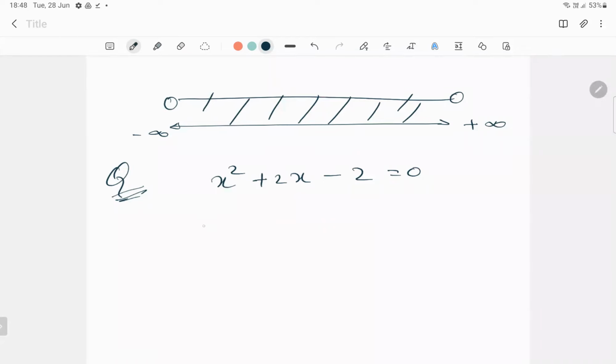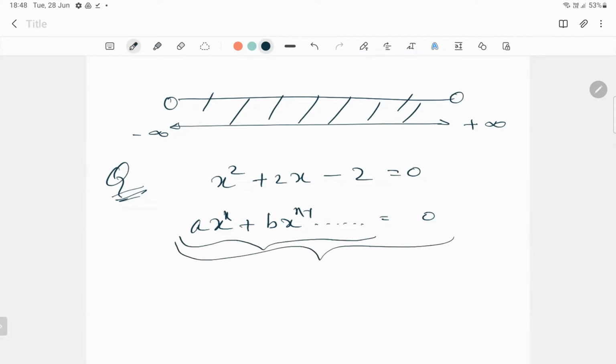You can write a polynomial in terms of a x to the power of n plus b x to the power of n minus 1. This part is called an expression, and the complete thing is called an equation. An equation has to have an equality sign, not necessarily zero. Then we say it's an equation, and this part is an expression. I'm just giving you a different way. They will not ask you.